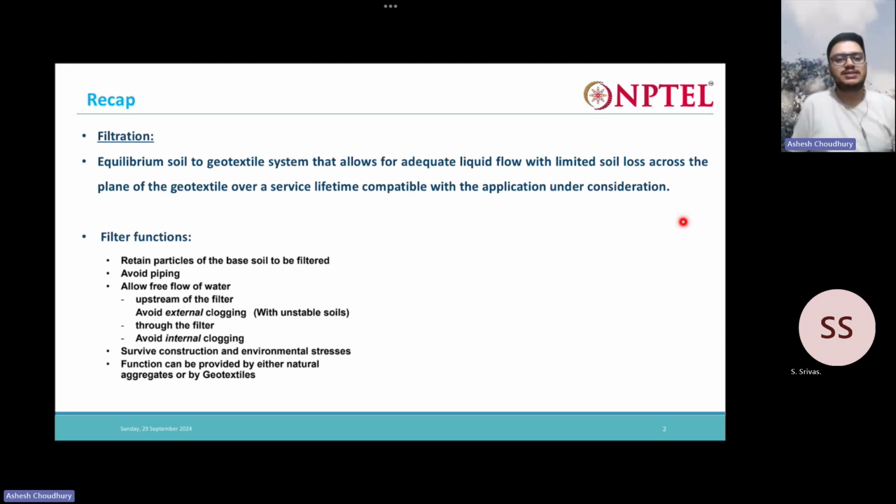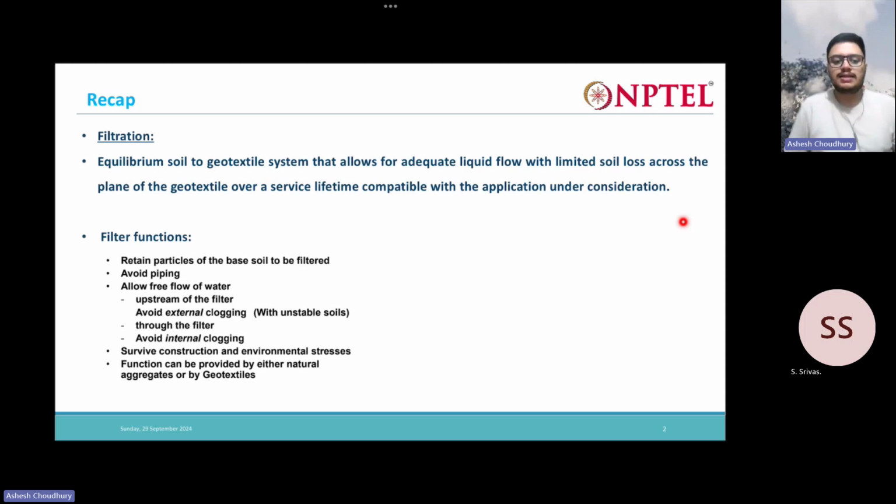So if you place the geotextile, or whatever geosynthetic we are placing for the filtration purpose, along its surface we will be having some soil there, right? So that soil also needs to be graded in such a manner that it is compatible with the geotextile. There should be a compatibility between the soil and geotextile. Any geotextile you cannot place with any gradation of soil.